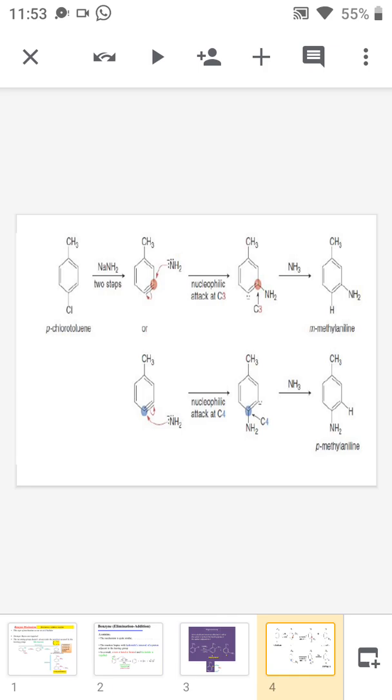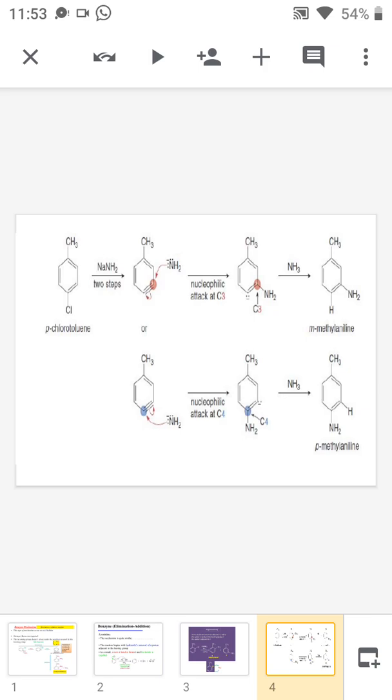Then there are two possibilities for the attack of the base NH2 minus, either from this side or from the bottom of the slide. I have shown the second possibility. So this way or this way. If it is attacked at the top, we can see that a carbanion is formed which is para to the methyl group, and we know that the methyl group is an electron donating group.